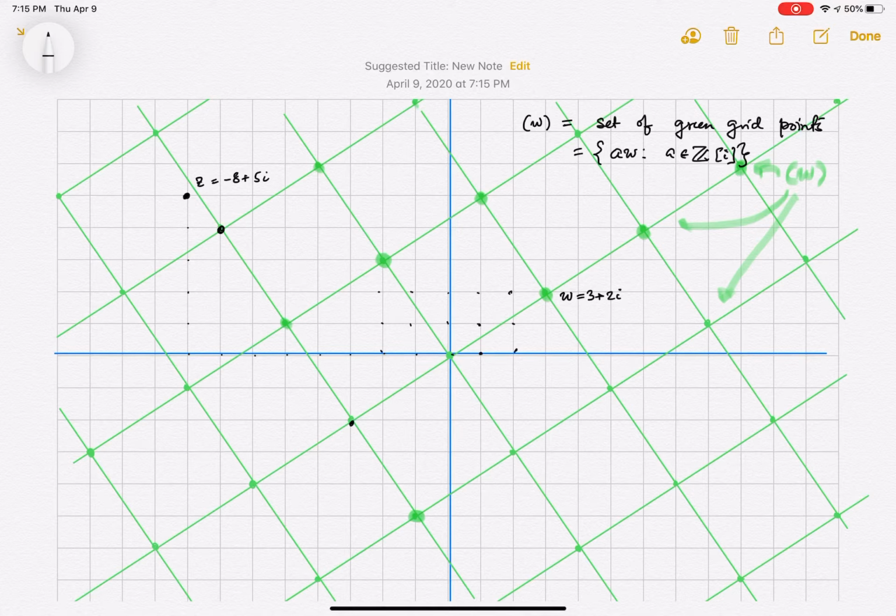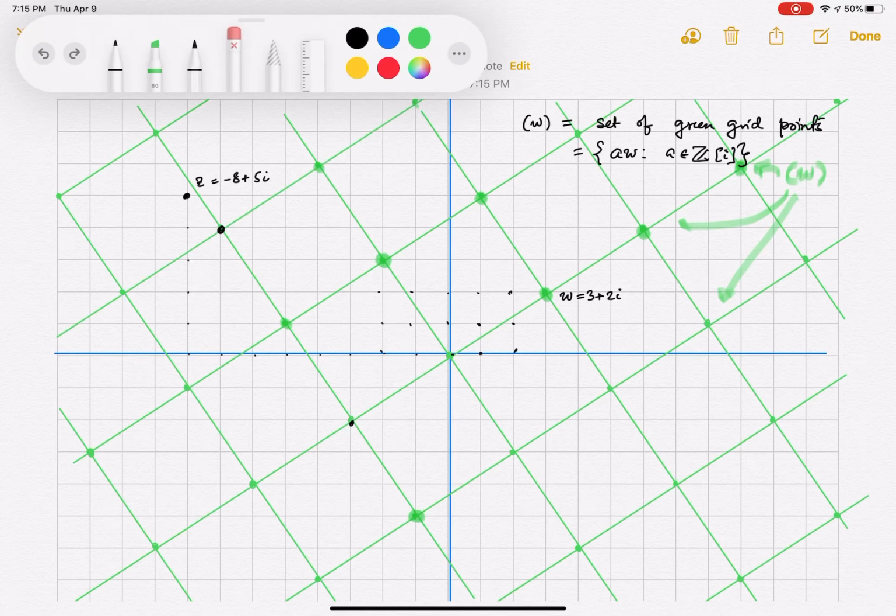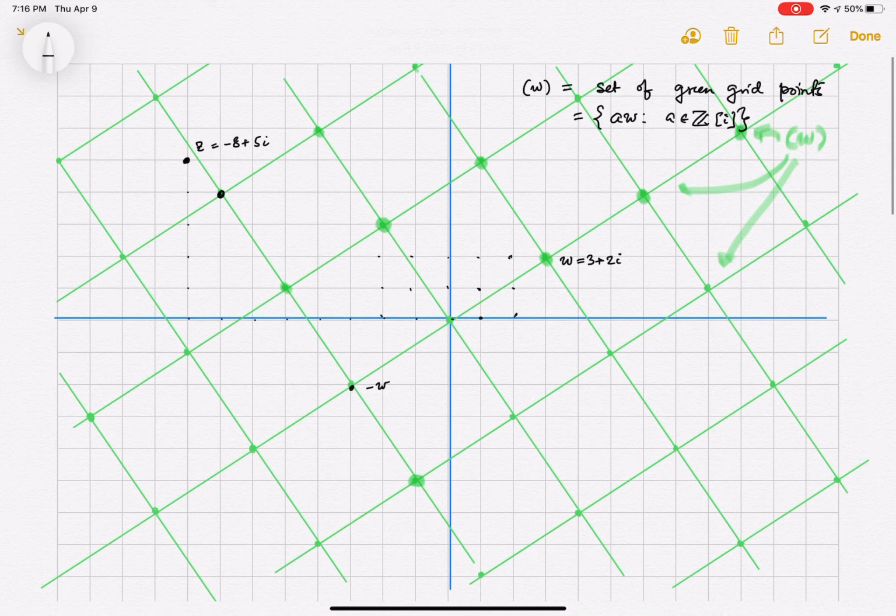So let's take this one, that's the closest. So that is going to be minus w plus 2iw, you see. That's minus w, that's 2iw, because this is iw. So this is minus 1 plus 2i times w. So this is going to be my quotient, and then this much is my remainder.